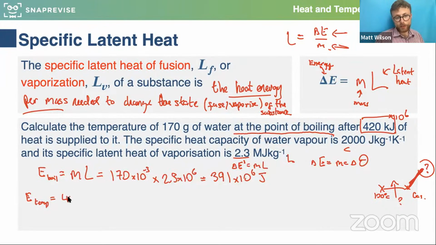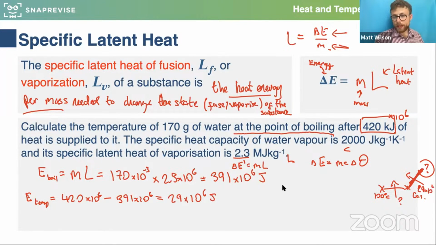Well, 420 is going to go in all, but we're going to have to use up 391 of that on boiling our water. So altogether, that leaves us with 29 kilojoules. Okay, good. So this is how much energy goes in here.